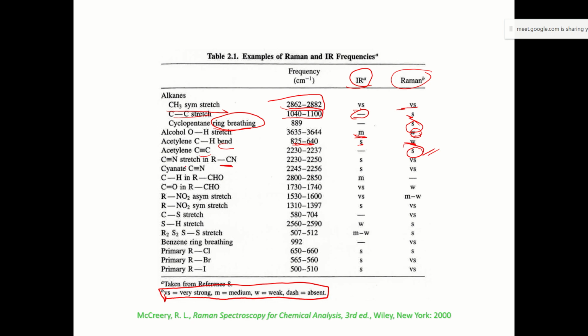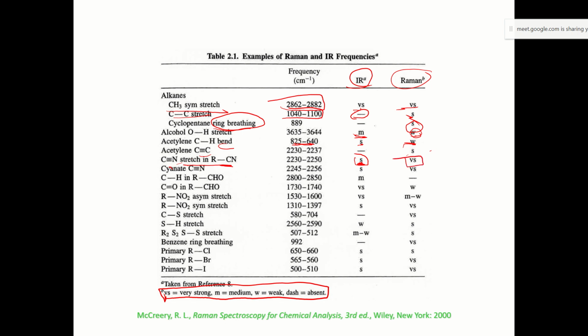CN bond in cyanide, it is a polar bond, dipole moment changes are high, so strongly IR active. Along with dipole changes, when the stretching happens, there is also change in the molecular volume, and so it is also simultaneously strongly active in Raman.